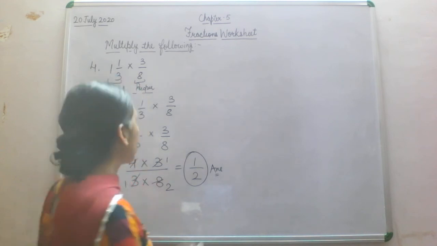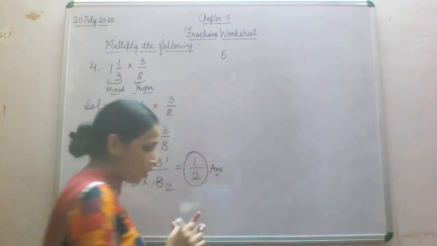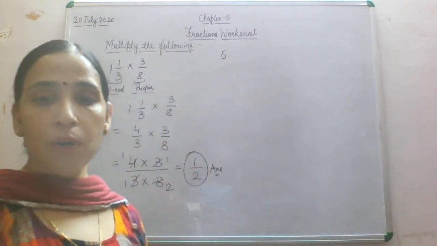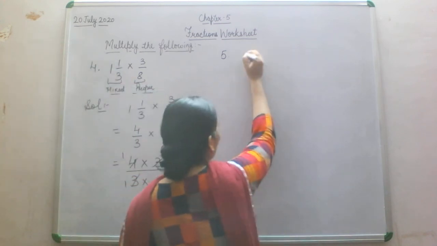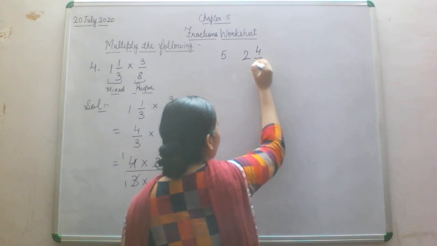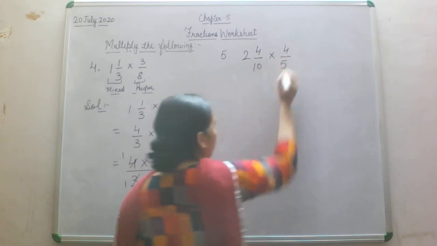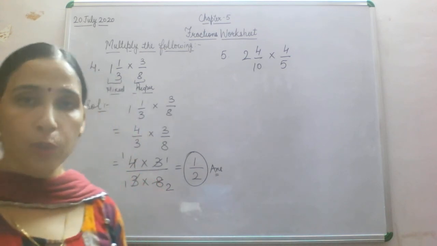So now question number 5, again we will take a mixed fraction only. Question number 5, we will take again one example of a mixed fraction. So now 2 4 by 10 multiplied by 4 by 5. Fine. This is your next mixed fraction question.